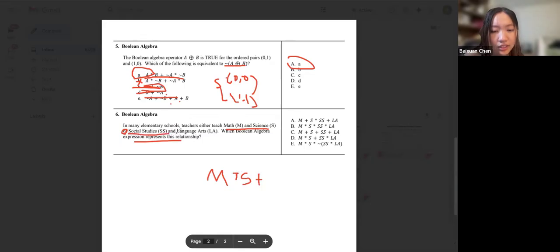And then we have social studies and language arts, so that's just SS times LA. So we just follow the problem and what it asks for. And then that's this one, or not this one, sorry, this one.